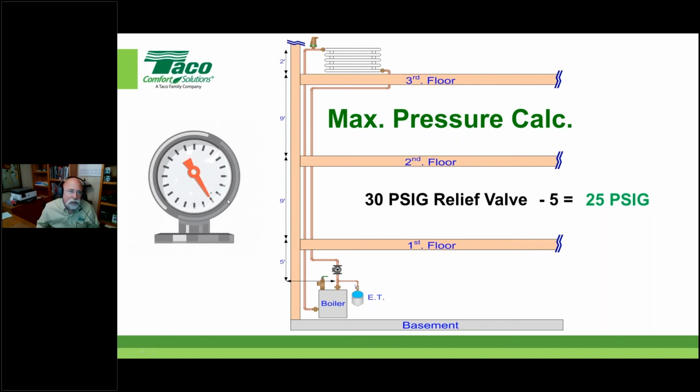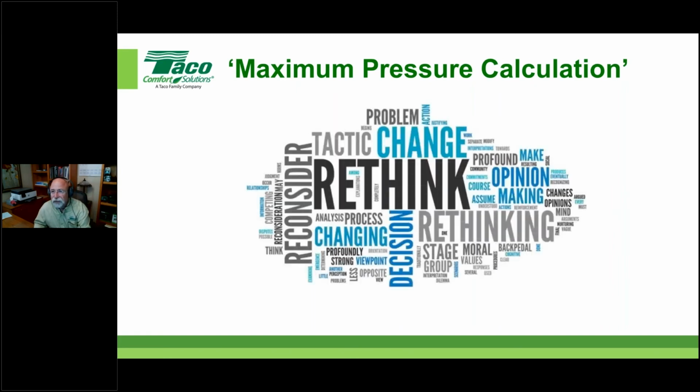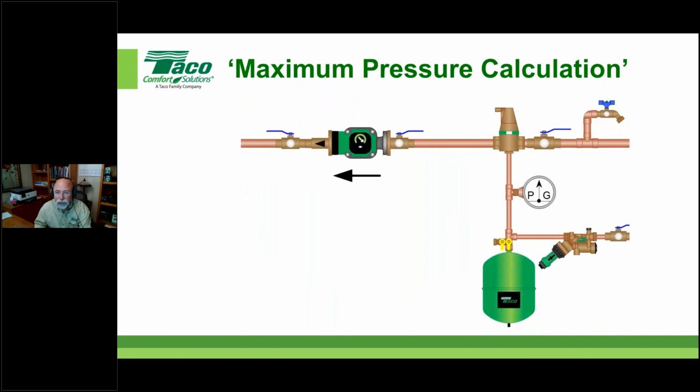Do you want to walk into the mechanical room during a design condition and see the pressure gauge only 5 pounds away from where your relief valve is going to pop? The reason I'm saying it like that is that's the way I want you to think about it. When you're coming up with a maximum pressure calculation, I want you to reconsider some things here. It purely has to do with the sizing of this expansion tank.